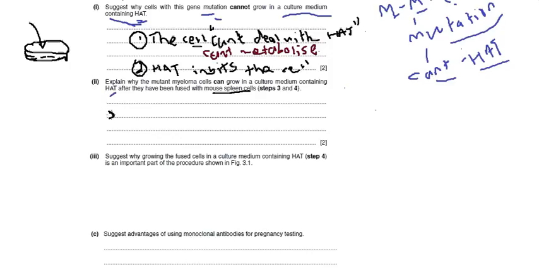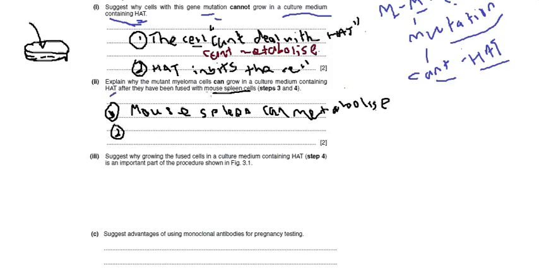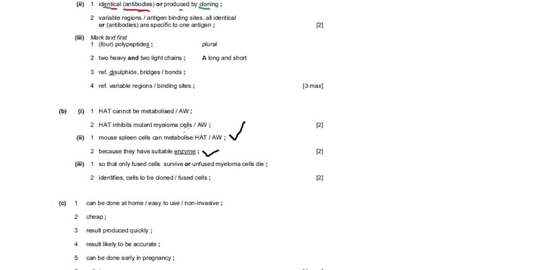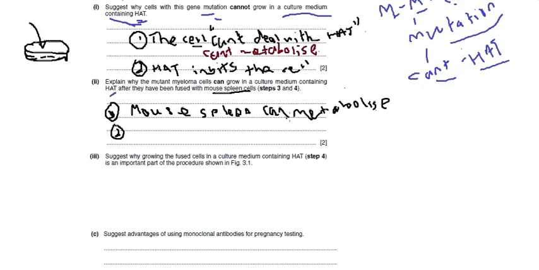So you start by saying that the mouse spleen can metabolize, and in this case, hence the cell does not inhibit. And how can it metabolize? It has suitable enzymes, right?